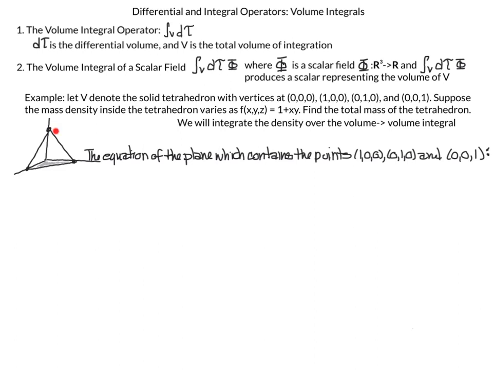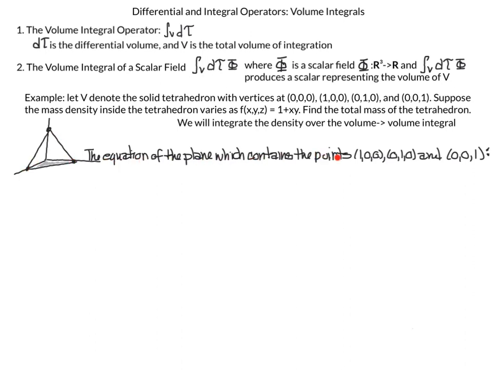But before we integrate, we need something more than just the points of this tetrahedron. We do know that the back wall of this tetrahedron is the y equals 0 plane. Is that right? Yeah. The back wall of this tetrahedron back here is the x equals 0 plane, and then here we have the z equals 0 plane, but we do need an equation for this plane over here.